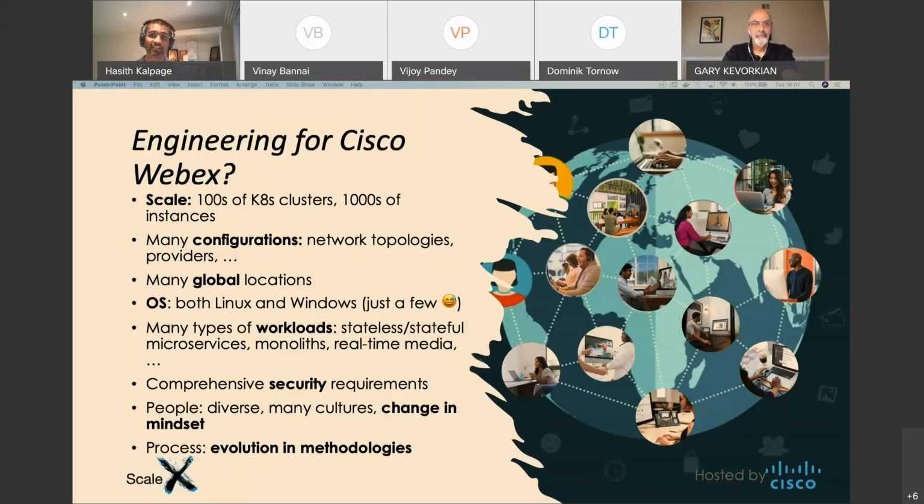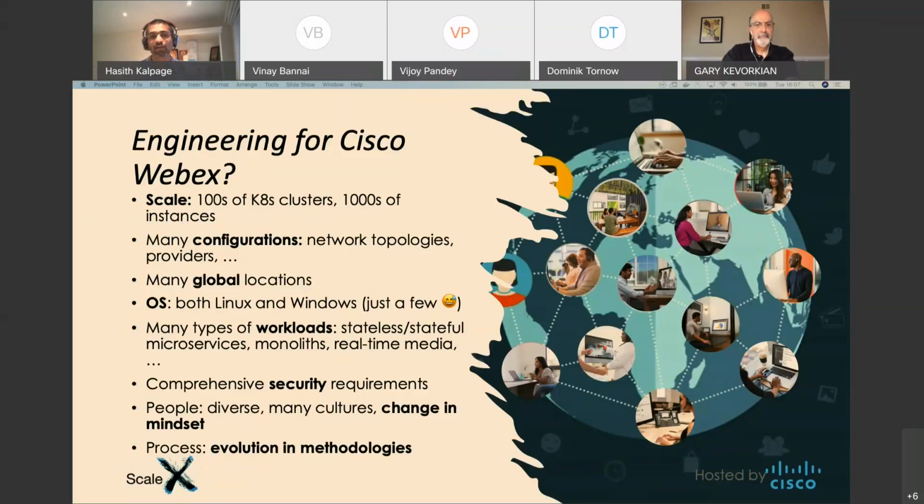How do we manage the differences between the two, and can we make it homogeneous across Linux and Windows? Many types of workloads: stateless and stateful services, real-time media, microservices, and monolith applications, all with comprehensive security requirements at heart, because that's something Cisco is well known for.